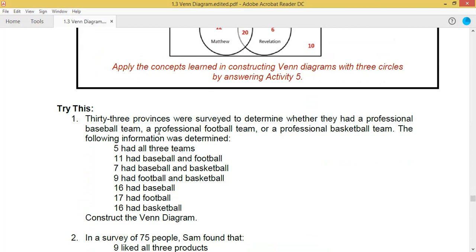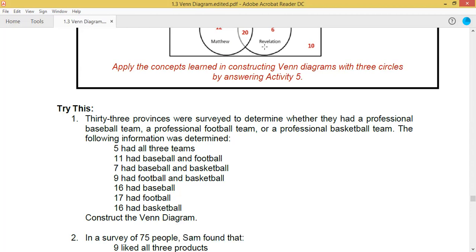Next, 11 had baseball and football, 7 had basketball and baseball, 9 had football and basketball, 16 had baseball, 17 had football, and 16 had basketball. Now we need to construct the Venn diagram.